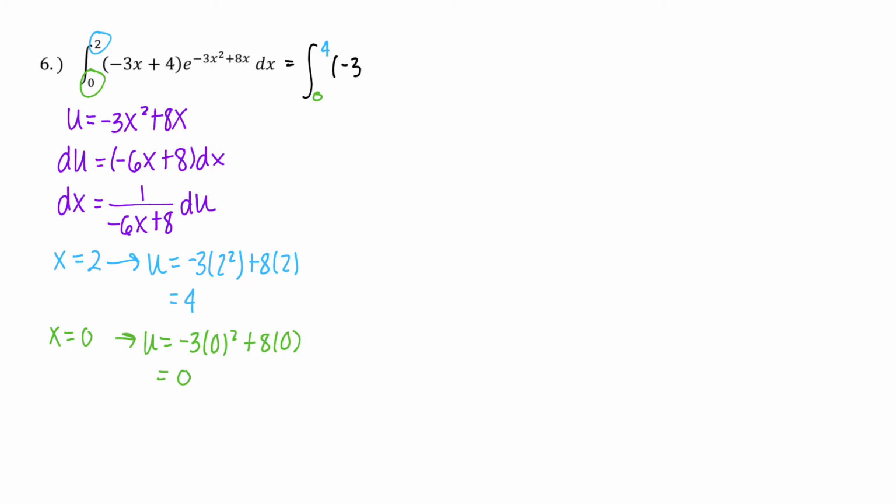So I'm going to leave this negative 6x plus 8 alone, and we have e to the u. And then our dx changes into 1 over negative 6x plus 8 du. And you'll notice that these don't automatically cancel. So we're going to have to do a tiny bit of algebra here.